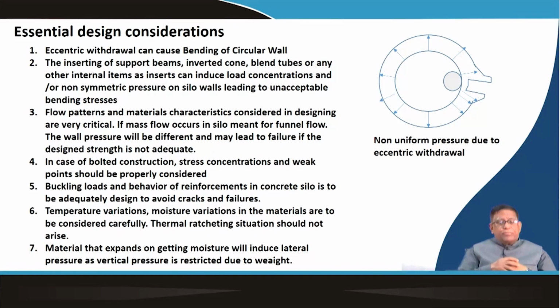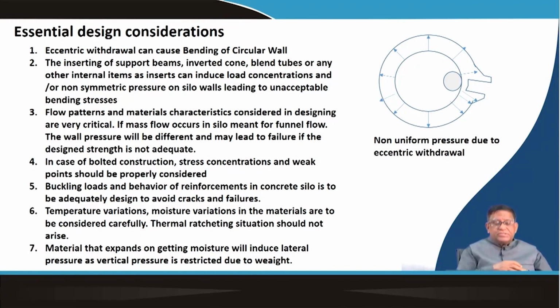The inserting of support beams, inverted cones, bent tubes or other internal items as inserts can induce load concentrations and/or non-symmetric pressure on the silo walls, leading to unacceptable bending stresses. This is where the failure may get induced. The flow patterns and material characteristics considered in designing are very critical.